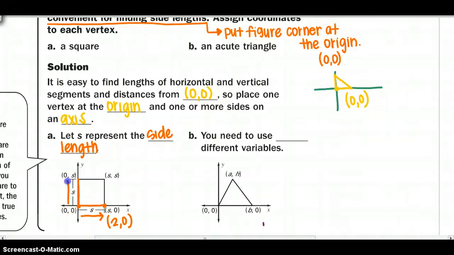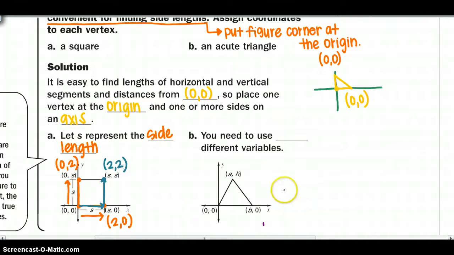All right, we're going to go up S units. That way we can say this ordered pair is 0, S, or normally we see it possibly as 0, 2. And since we go over S units and up S units, our fourth vertex is going to be S, S, or sometimes you would think of it as 2, 2.